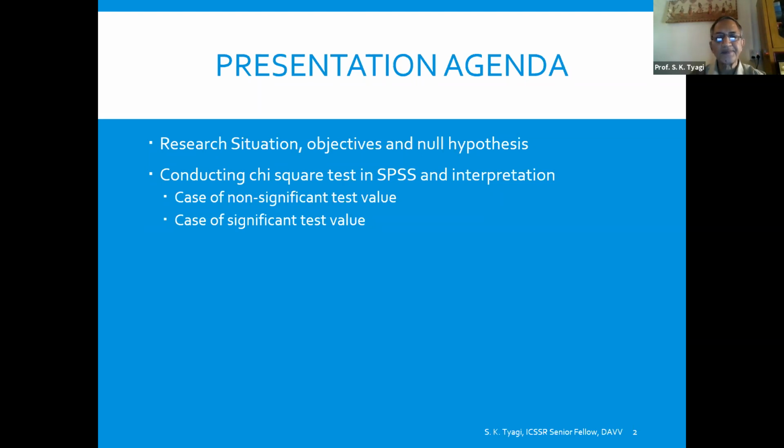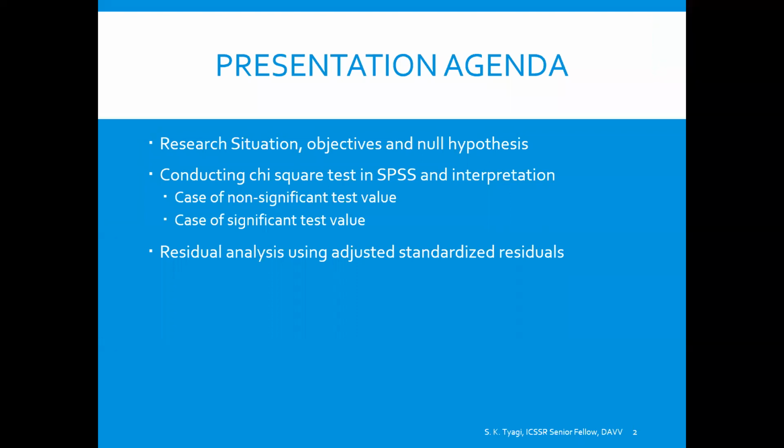Yesterday I introduced the topic. Therefore we will be doing residual analysis. And here comes another concept, and that is adjusted standardized residuals. Yesterday we came across residual and standardized residual. Today we are introducing one more allied concept, the adjusted standardized residual, ASR.